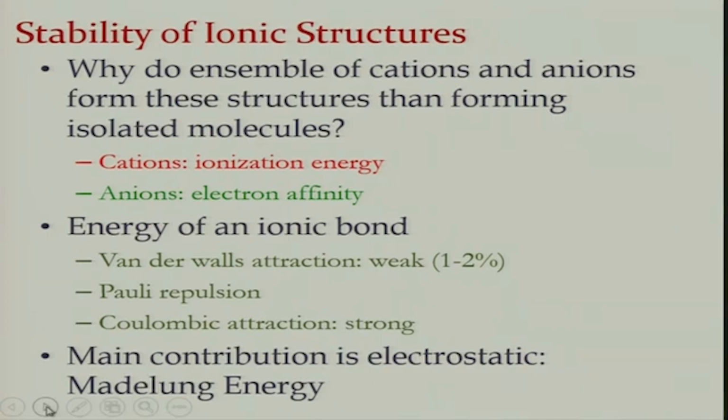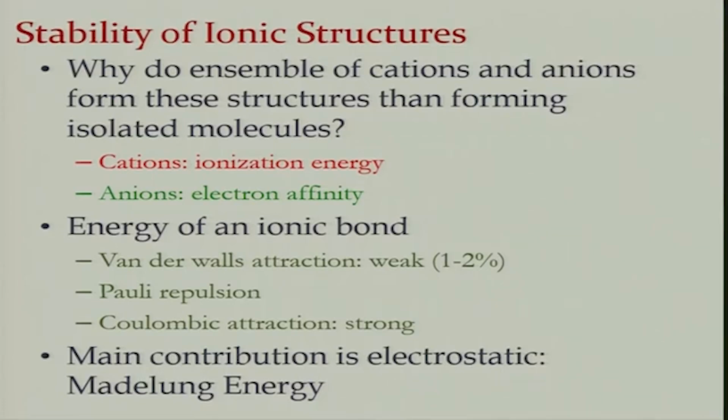This is something that you must know from 12th standard. And then when you consider the energy of an ionic bond, you consider a variety of forces. So one is the van der Waals interaction, which is basically attraction, which is generally very weak. Then we have Pauli's repulsion, to obey Pauli's exclusion principle, because you cannot violate Pauli's exclusion principle.